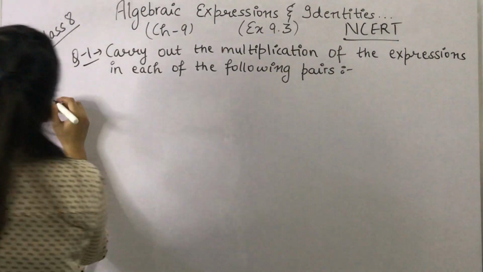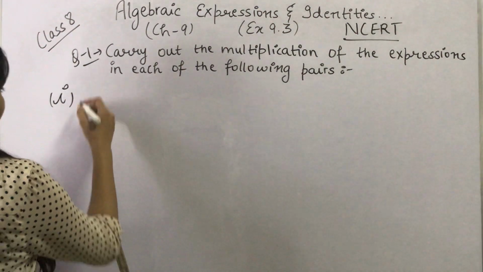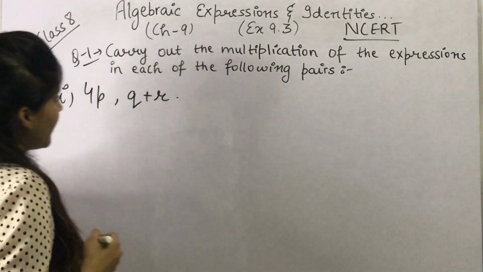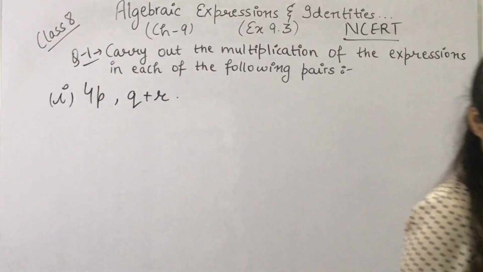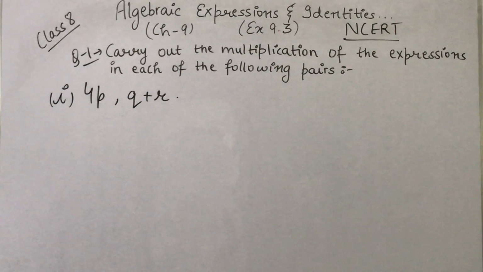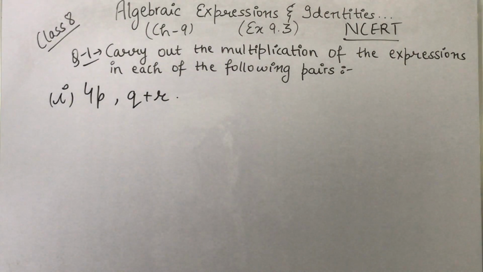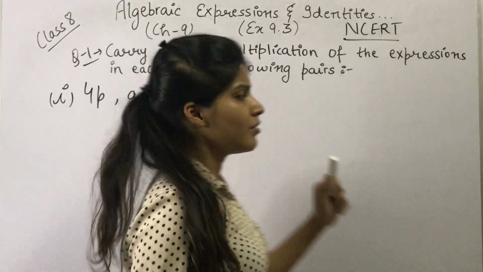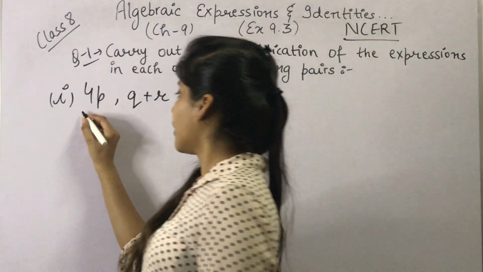So the first part is 4p and q plus r. Now can you tell me, children, 4p is which type of expression? 4p is a monomial expression, right?